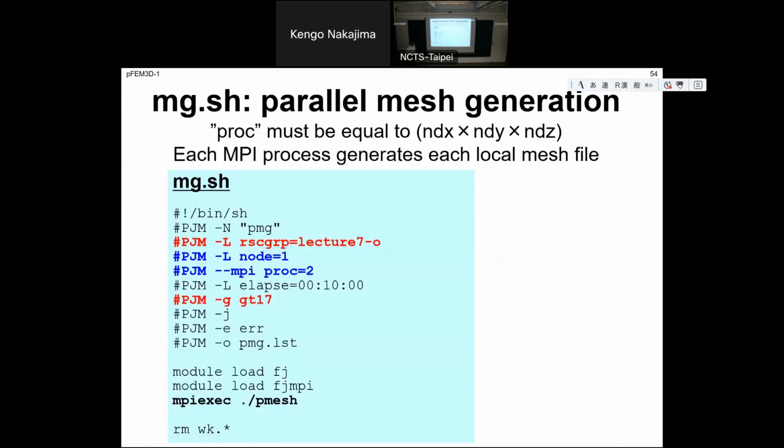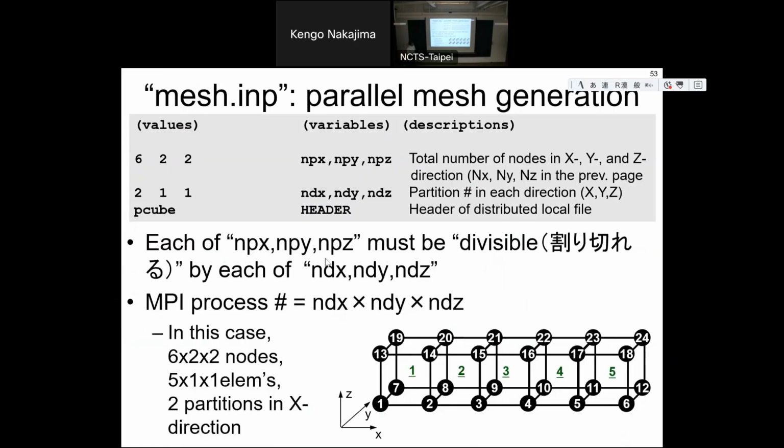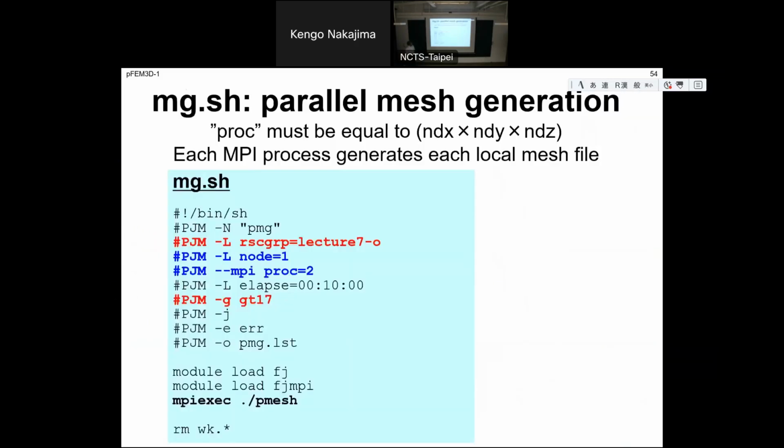If you multiply the second line, ndx, ndy, ndz, this means the total number of partitions. And in the case of the mesh generator, the process number must be identical to that number. So in this case, 2.